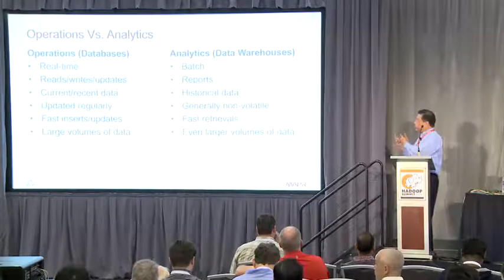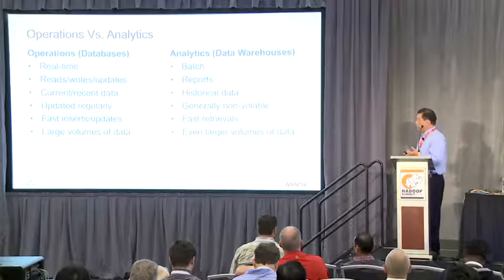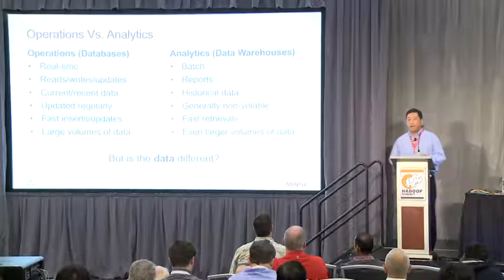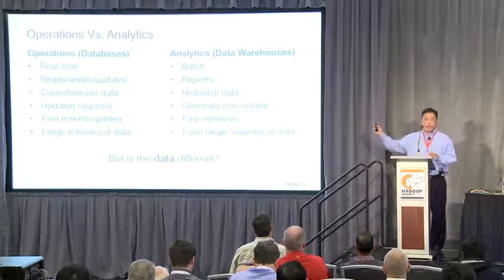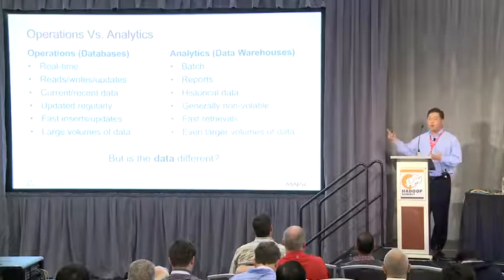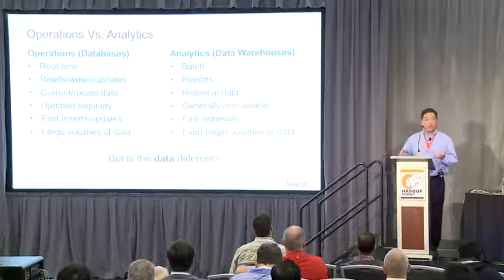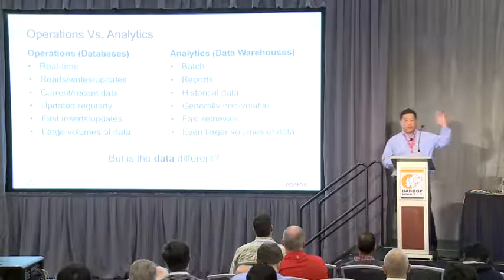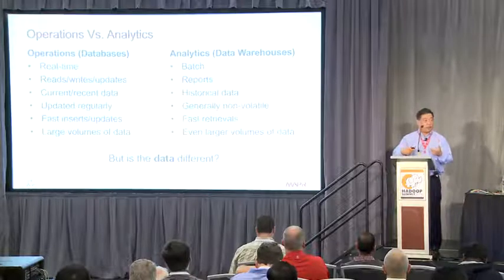So I talked about these two different beasts, two different types of data on the database side and on the data warehouse side. But you have to ask, is the data really different? Now, if you're a database guy, you probably say, yes, it's very much different, because after all, you often create the data that you store. If you're running MySQL, Oracle, maybe a lot of these NoSQL databases, you're creating that data. You might schlep it off somewhere else, and you don't know what happens, but some analytical guy deals with it, or you do some analytical processing within the context of that database.